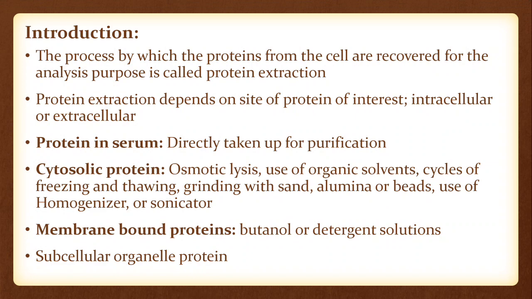These are the physical methods we use to rupture the cell wall and take the proteins present in the cytosol of the cell. Membrane bound proteins are extracted using chemical methods like butanol and detergent solutions, and also subcellular organelle proteins along with membrane proteins and cytosolic proteins.